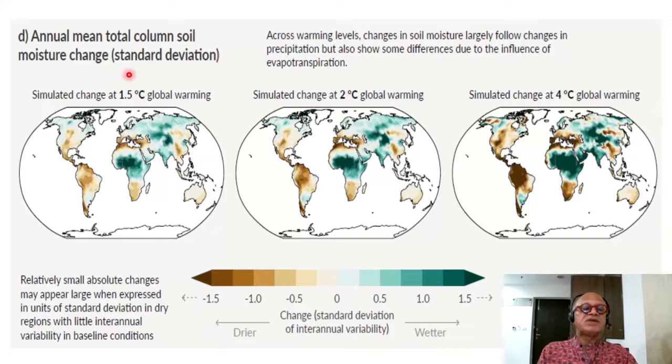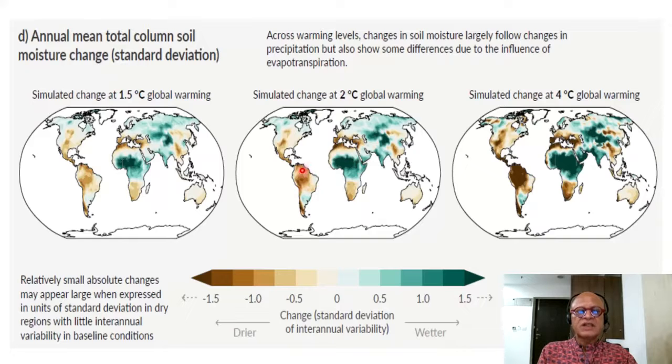So this is the annual mean total column soil moisture change. Again, difficulties in simulating soil moisture are similar to precipitation simulations. So here simulated change at 1.5 degrees, 2 degrees centigrade and 4 degrees centigrade. Wetter regions are going to get richer in soil moisture.